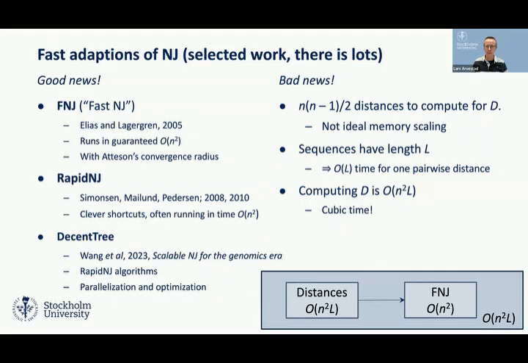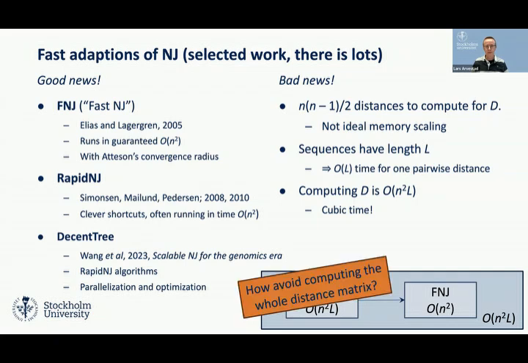So essentially this is cubic time. And if you have a pipeline of two jobs to be done to produce a tree, it's of course the time complexity of one of those that will dominate, and in this case it's the distance estimation. So using any kind of distance-based method is essentially cubic time if you have to compute all the distances.